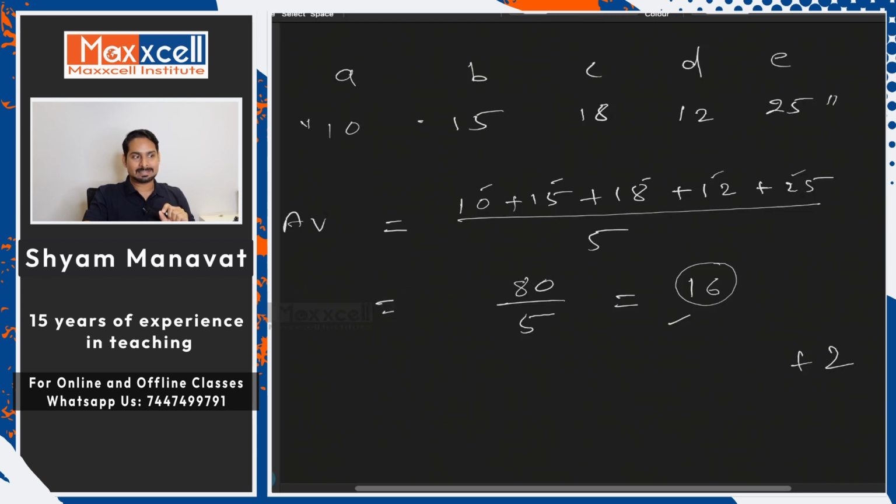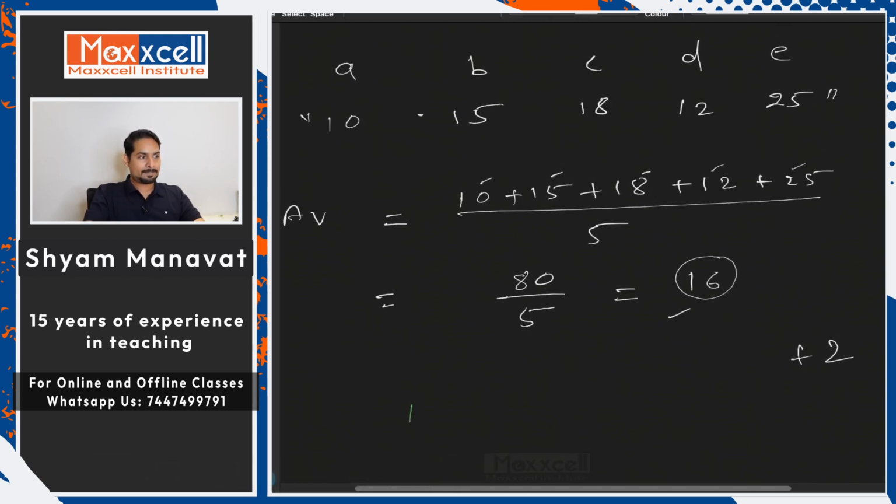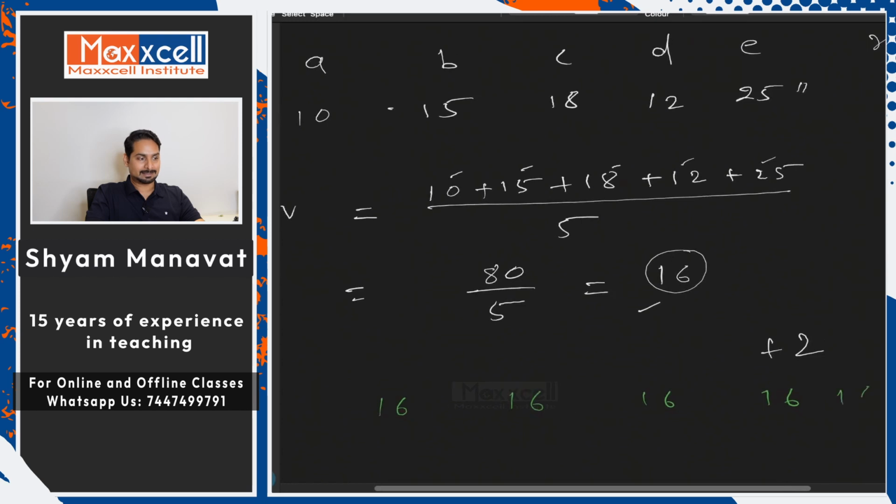If average is increasing by 2, think about it. If average is increasing by 2, that means each one of them who had 16 as the average, each one of them who had the equally distributed 16, 16, 16.